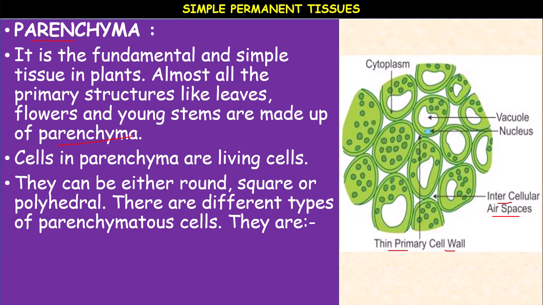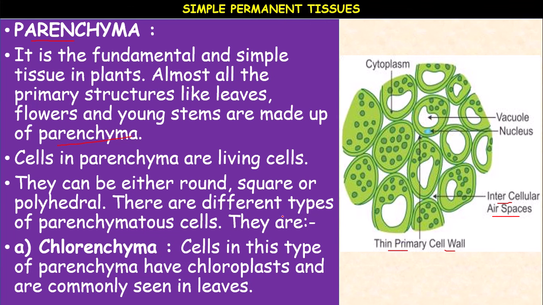They can be round, square or polyhedral, different shapes. There are different types of parenchyma depending upon the function. Parenchymatous cells are of different types. Chlorenchyma: the parenchyma cells which have chloroplasts are called chlorenchyma.